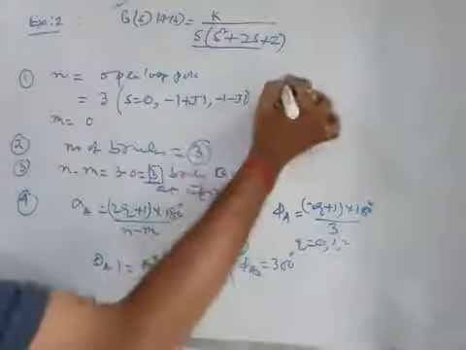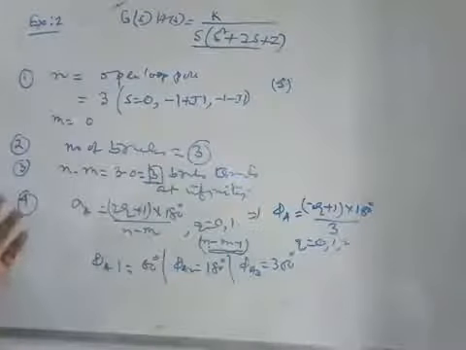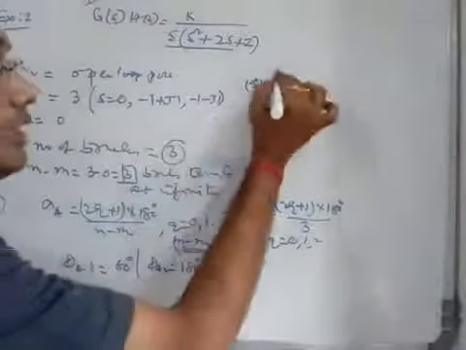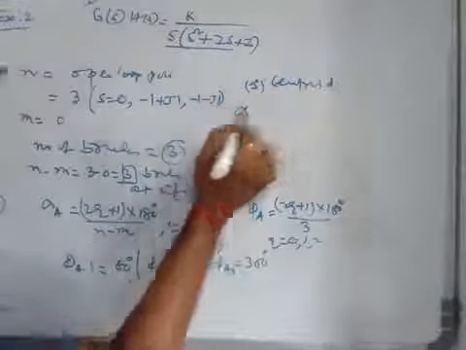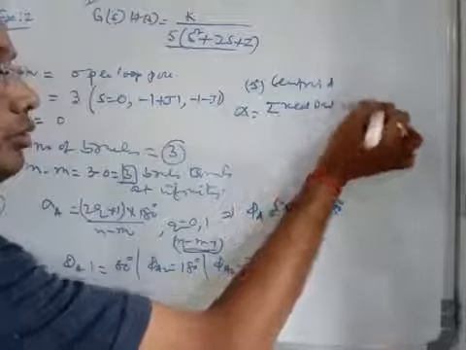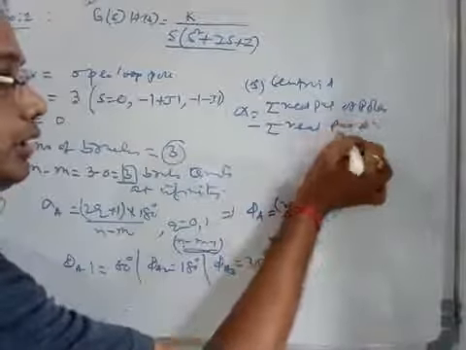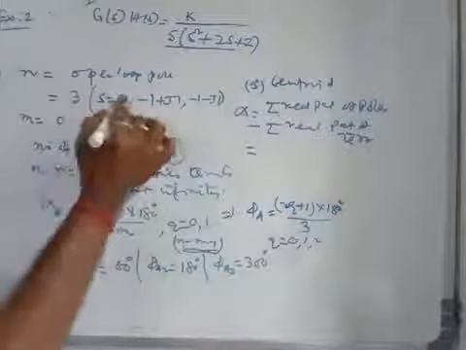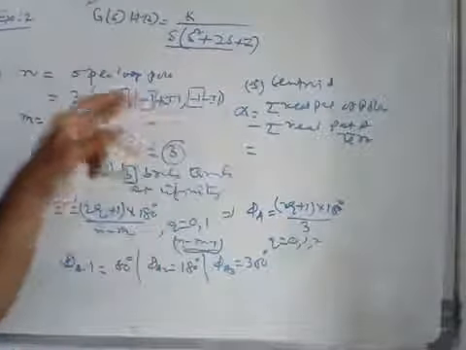Next step, once we get the asymptotes, is to find the meeting point of the asymptotes on the real axis, which is known as the centroid. The centroid is defined as the summation of the real parts of the poles minus the summation of the real parts of the zeros, divided by n minus m. Here, for the poles we consider 0, minus 1 and minus 1, because only the real part is considered.